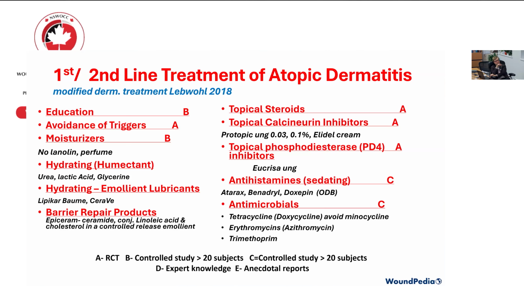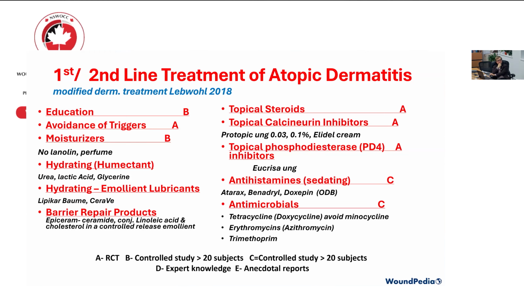And I showed you the hydrating versus the emollient. Barrier products have really gone. Topical steroids, the calcineurin inhibitors, we've mentioned Protopic and Elidel. Eucrisa is a new one on the market. It affects a different type of inflammatory response.